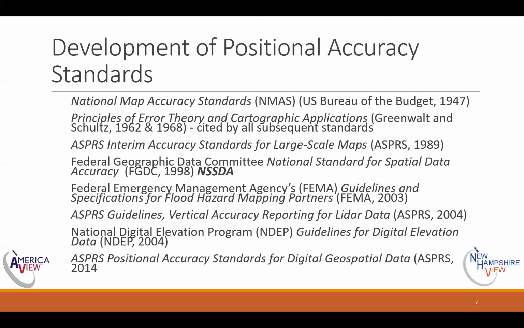Okay? And then we get more into the digital age, and things definitely changed as we got more and more into the digital data and processing of digital data and computer processing. And so you can see there's a big jump here from 1998 all the way up to 2003. We get FEMA involved, and so FEMA, the Federal Emergency Management Agency, set up some guidelines for flood hazard mapping.